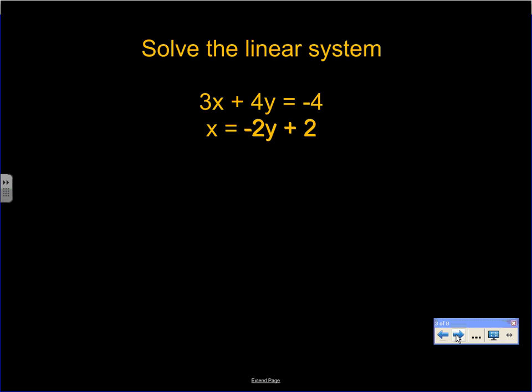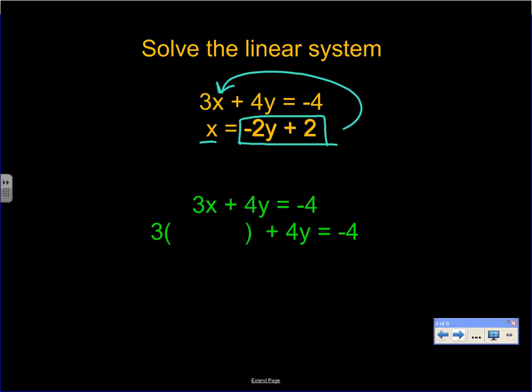So let's see what we have. Since we have x is equal to negative 2y plus 2, I'm going to substitute negative 2y plus 2 into the top equation for x. So this is going in right here for x.